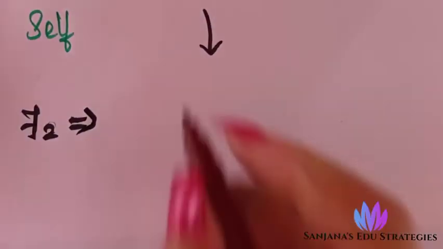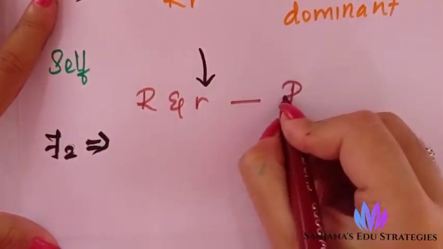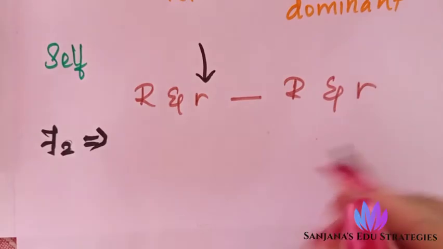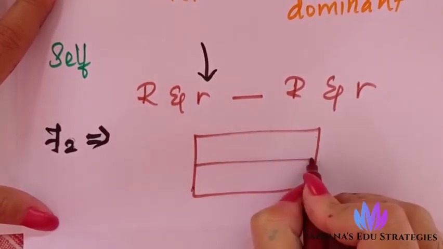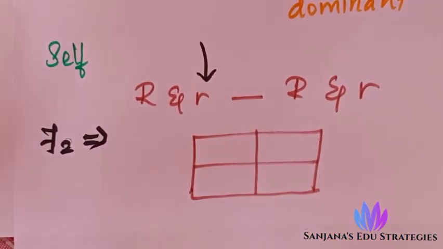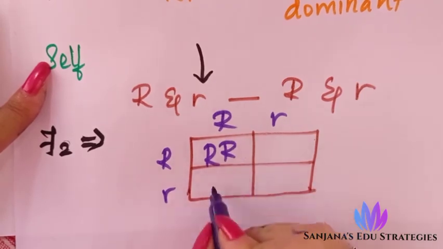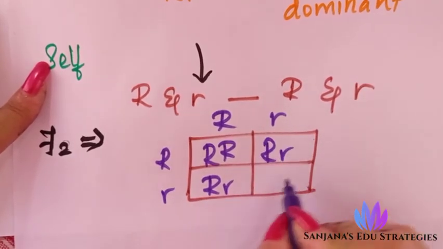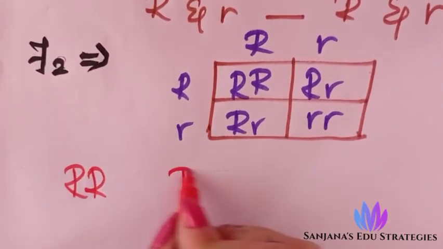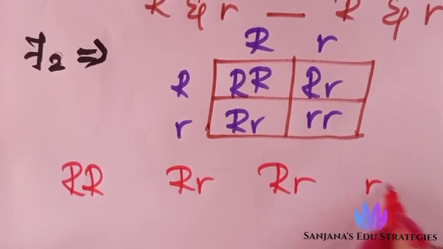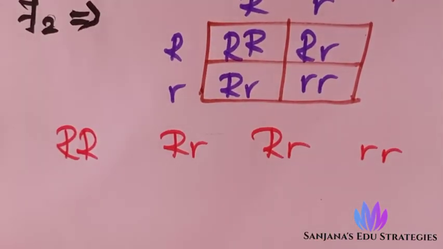So how it is undergoing, you just check it. Capital R and small r are undergoing self fertilization with capital R and small r. Now see this table. These are the F2 generations. So from this, what can you understand?